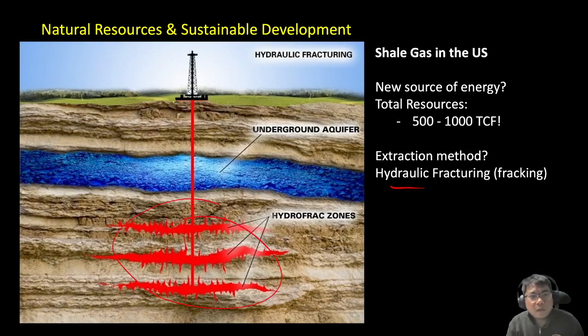Basically, in order to get the gas from the ground, we need to create artificial fractures, and the way they do it is they pump a lot of water from the surface all the way to this rock formation at depth, until the rock formation breaks and releases its gas towards the surface. And that is what we call hydraulic fracturing.